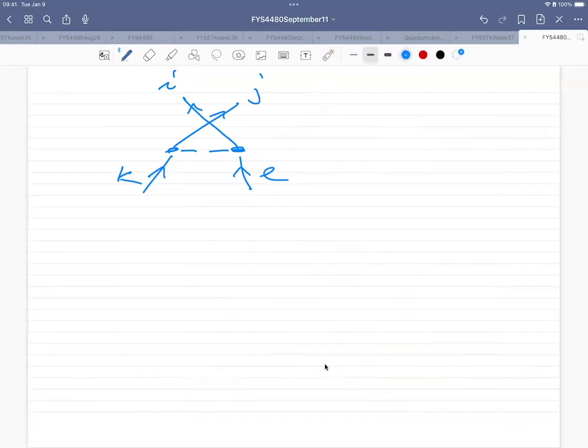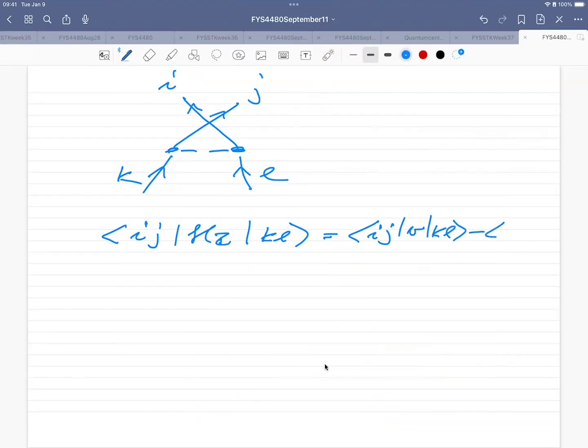So in total, when I look at this expectation value, IJ of H of I, the interaction, of KL, which I wrote like IJ when I did the contractions mathematically, then I have to evaluate this integral, minus JI VKL.